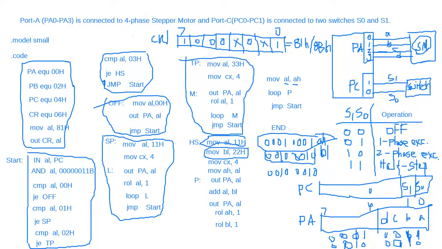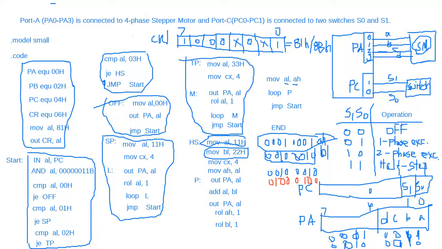What about the one bit left rotation of BL? It becomes 0100 0100. Now if you add them together, it will be two phase again.